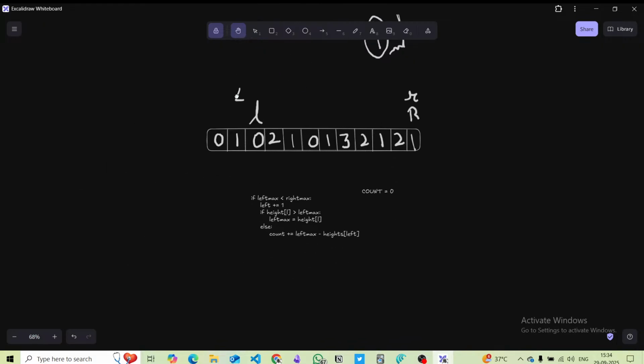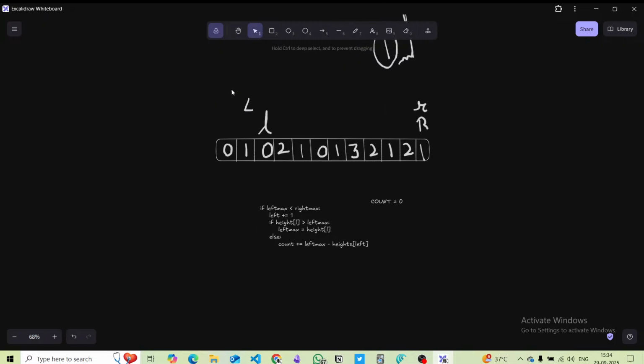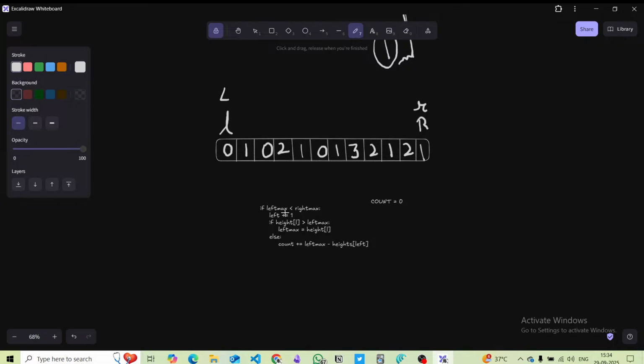So I think we just need to start from the beginning to understand it. Here the left max, just write it. The left max is 0, right? So 0 is less than 1.